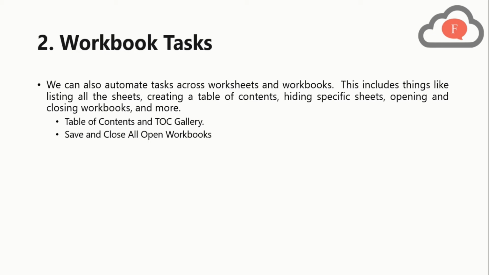All these things can be done using a macro. As an example of a workbook task, you can create a table of contents, or you can say a TOC gallery. You can save and close all open workbooks using just one macro. All these things can be done using a macro.